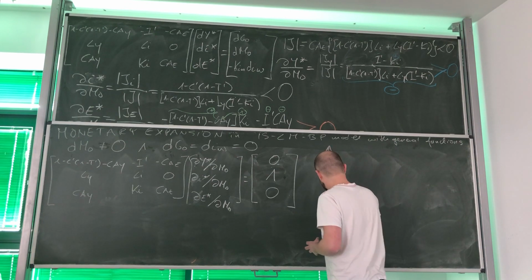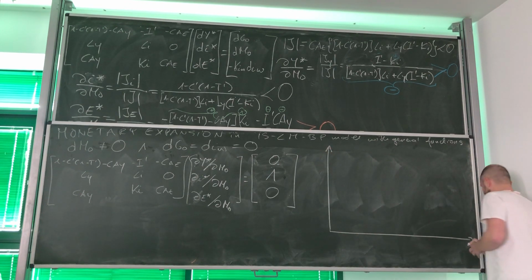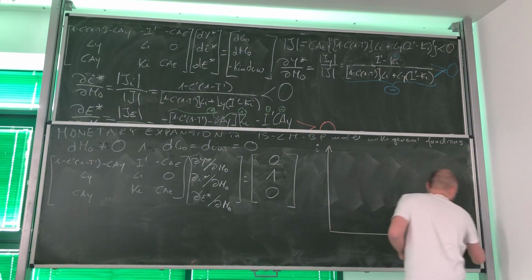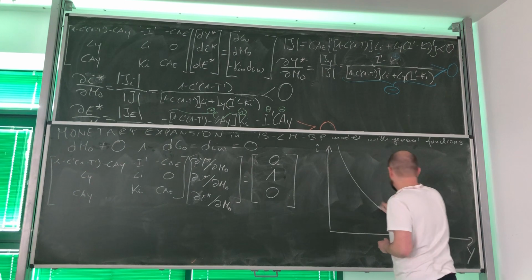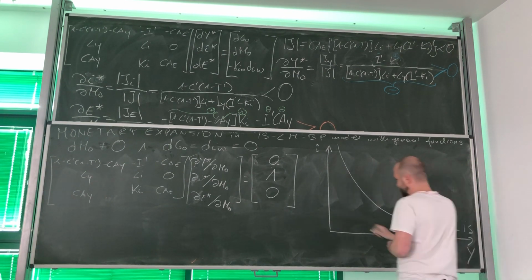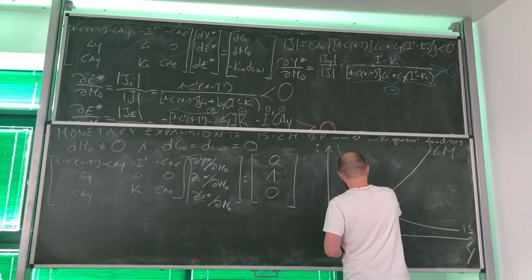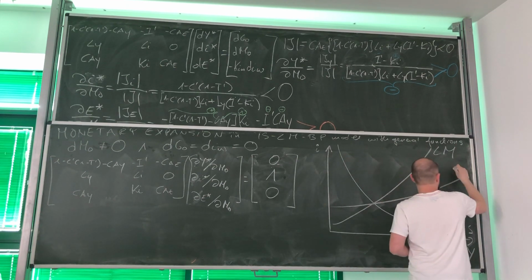Look, over here, I'm going to draw you IS curve. So we've got IS curve, we've got LM curve, and we've got BP curve.